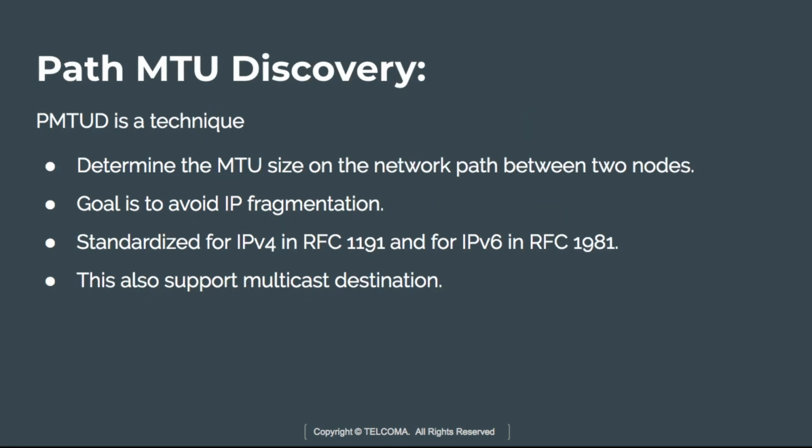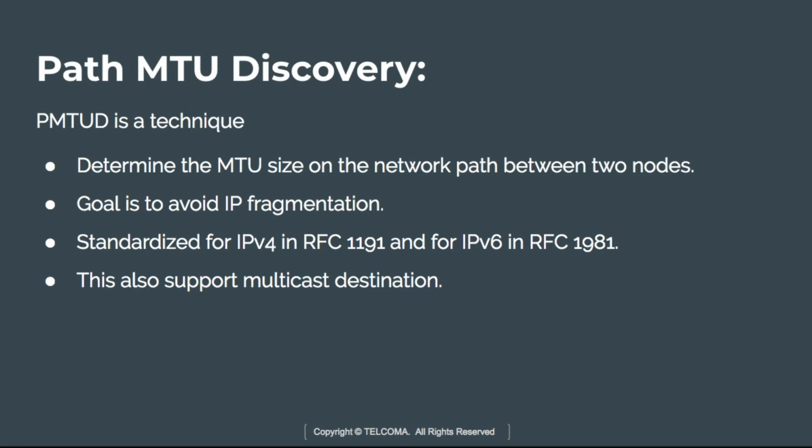Next we will discuss path MTU discovery, that is path maximum transmission unit discovery. Path MTU discovery is a technique that will determine the MTU size on a network path between two nodes. So it will find the MTU size, that is the maximum transmission unit size, that we can use to send a packet on the network.